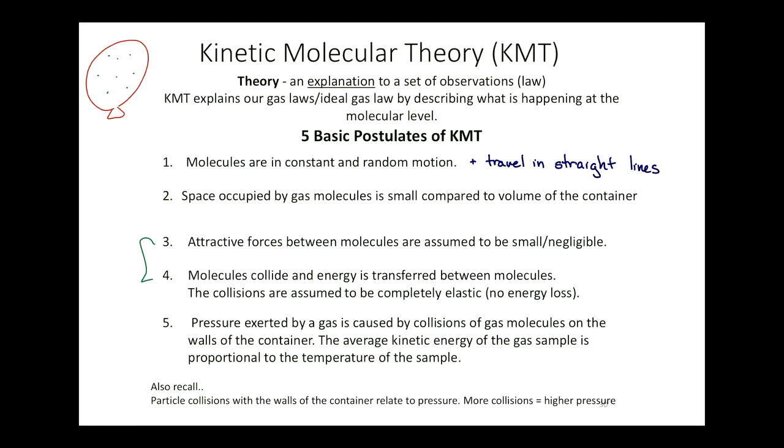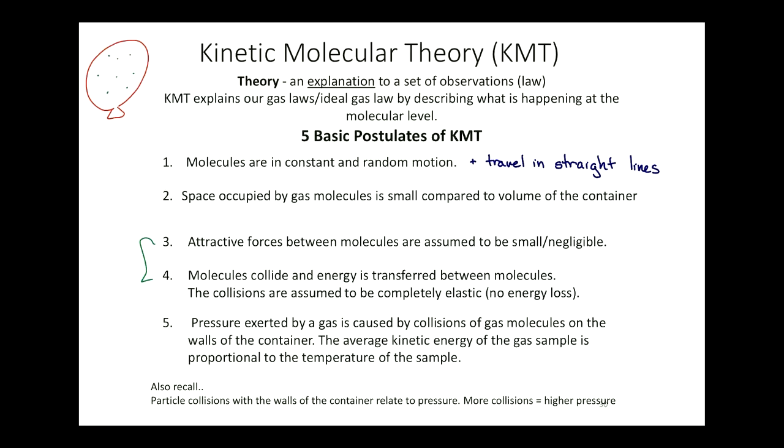Particles aren't attracted to one another. And then the fifth postulate, and this is important, is where pressure comes from. Pressure of your sample, if you think about a balloon: the reason a balloon exerts pressure is because the particles that are all moving in straight lines inside the container are bouncing off the walls of the container.